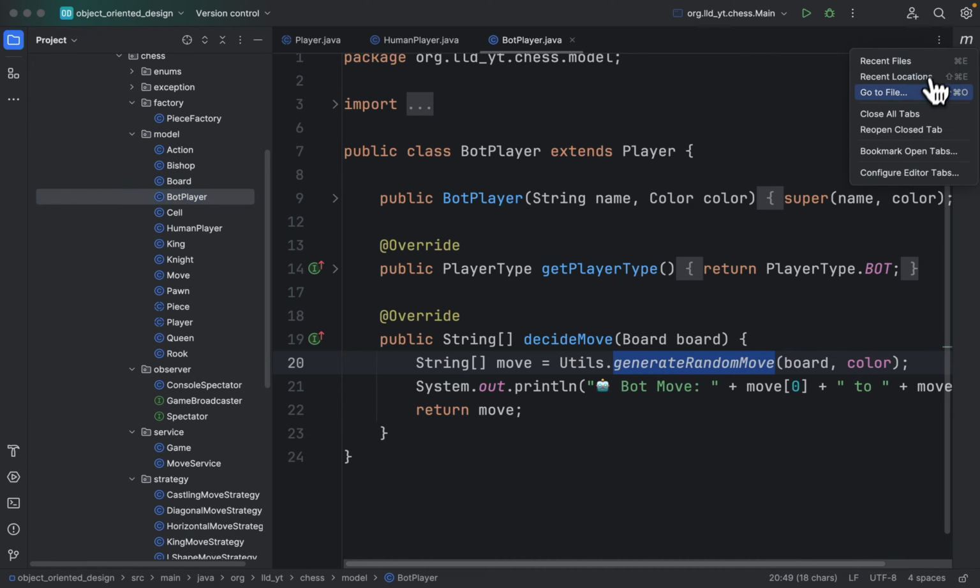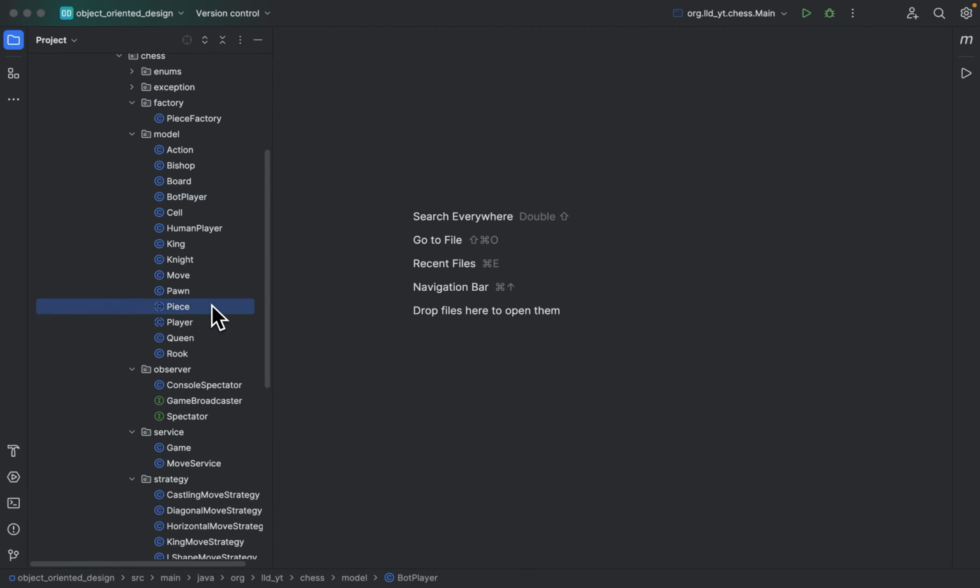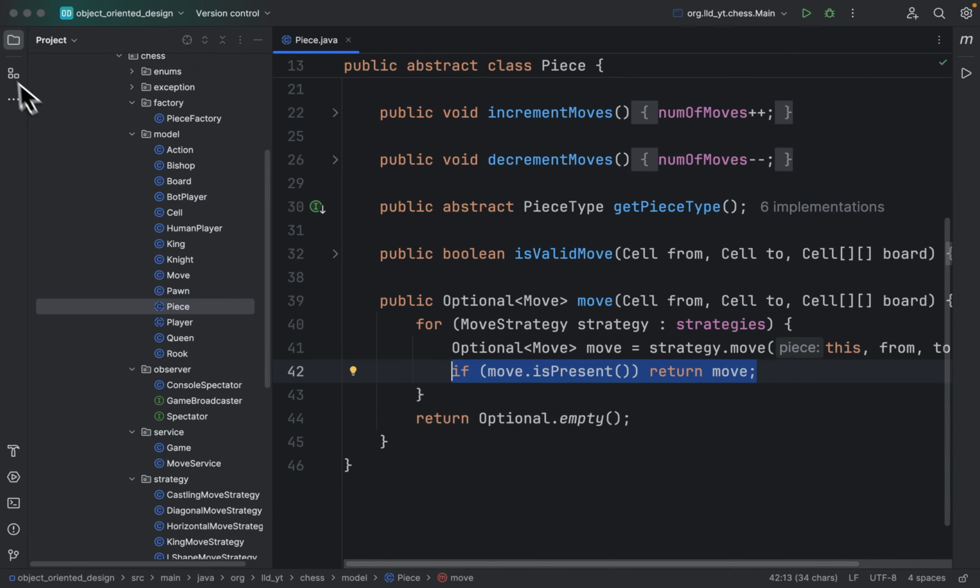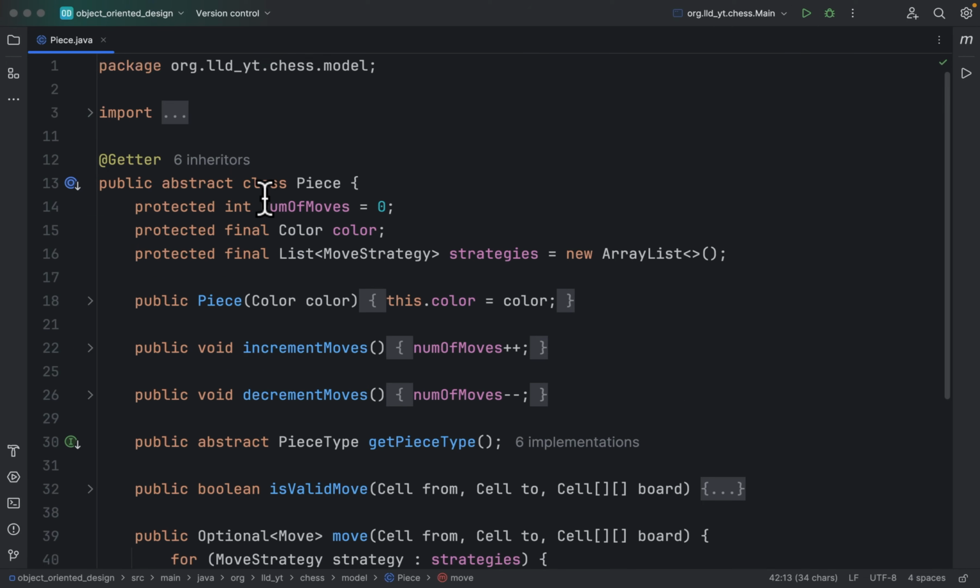Now let's check out the different types of pieces. So this is the abstract piece class. Each and every piece would have their own number of moves. They would have the color, white or black, and they would have their own strategies. For example, queen would have horizontal, vertical, and diagonal, whereas the bishop would only have diagonal.